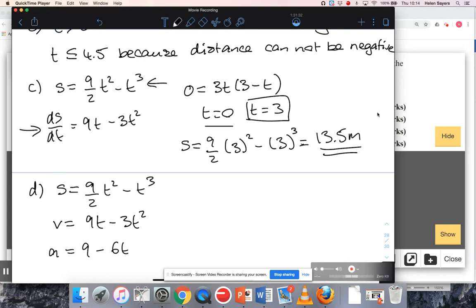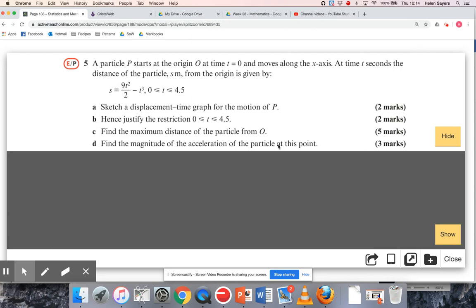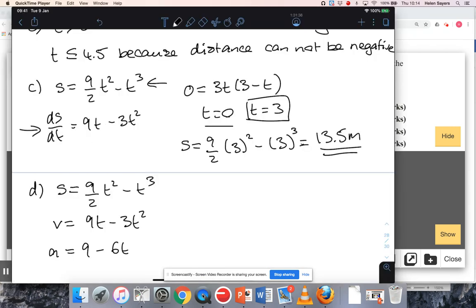They wanted the acceleration at this point, and that's the point we were working on in part C, so that's when t is 3. So when t is 3, a is 9 minus 6 times 3, so a is minus 9.